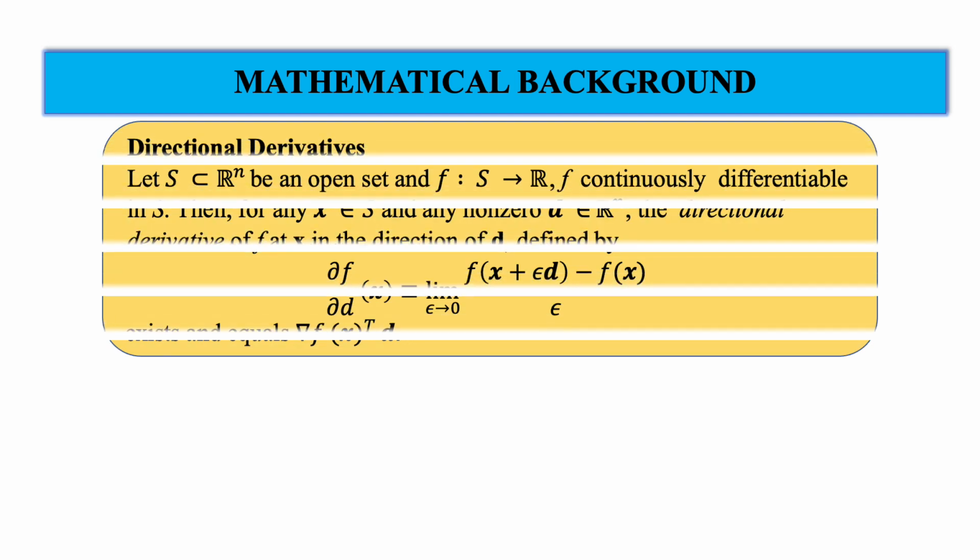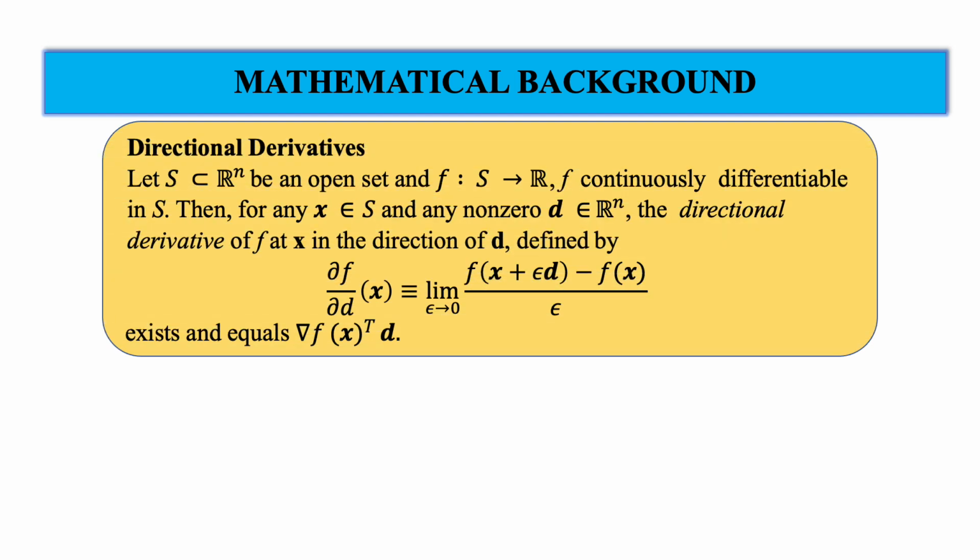We will also need the concept of directional derivative. So let S be a subset of R^n, an open set, and f a function from S to R that is continuously differentiable. Then for any x and any non-zero d, the directional derivative of f in the direction of d is given by the partial of f with respect to d evaluated at x.